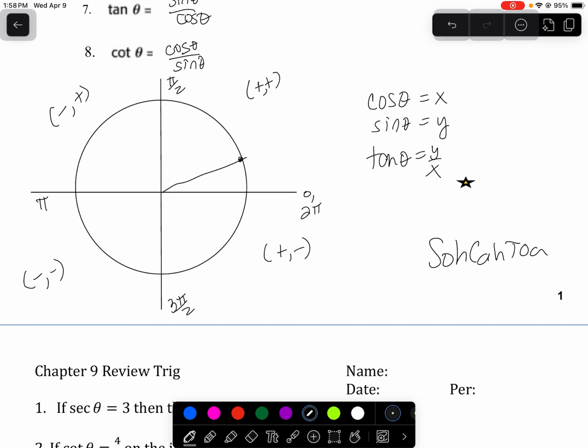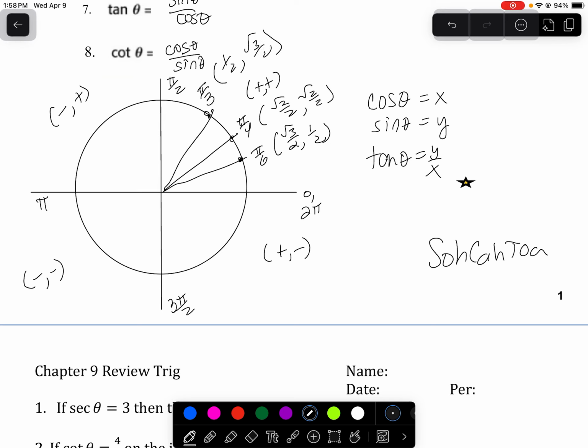Pi over 6 or 30 is square root of 3 over 2, 1/2. 45, pi over 4, is square root of 2 over 2, square root of 2 over 2. And finally, pi over 3, or 60 degrees, is 1/2, square root of 3 over 2. I'm not going to draw the whole thing. Hopefully you know your unit circle. Please look it over.